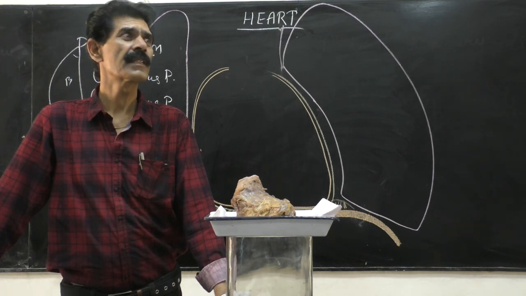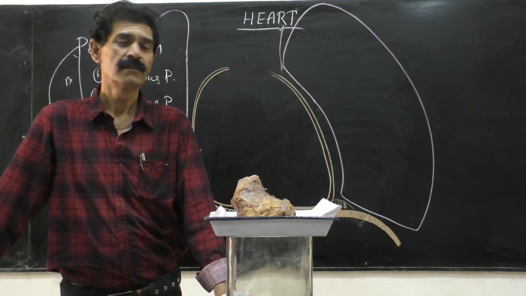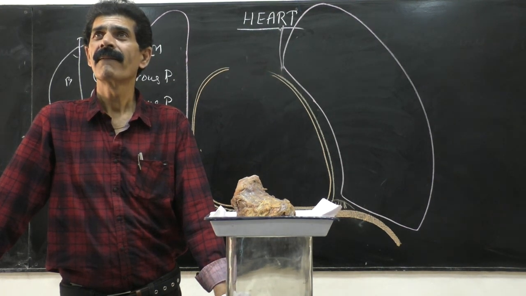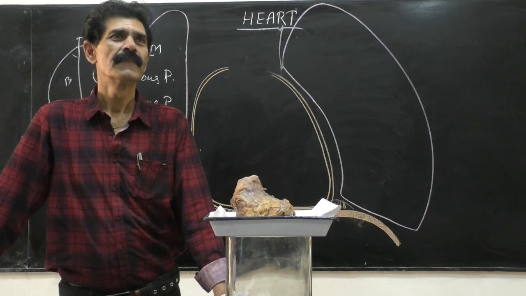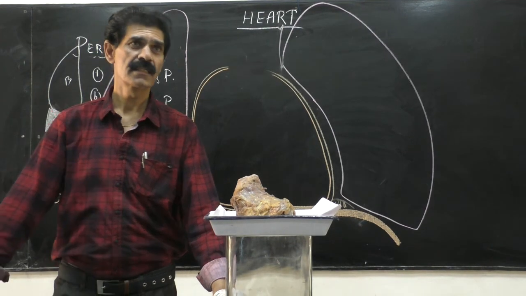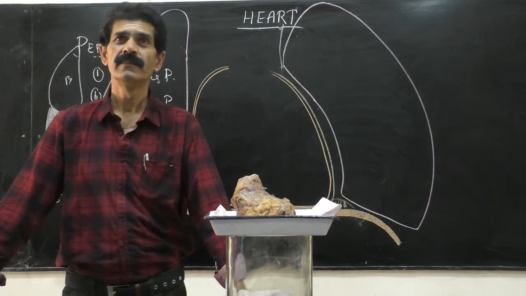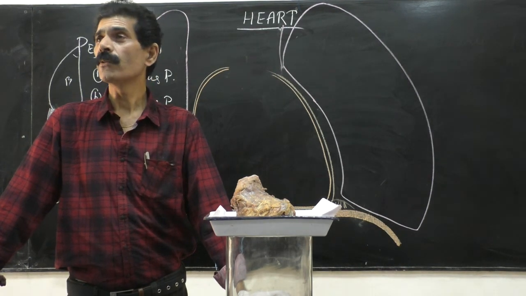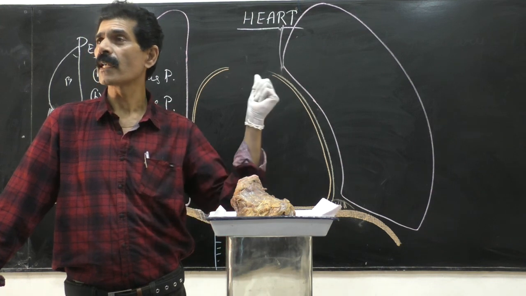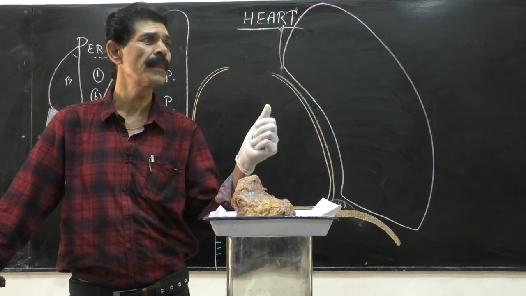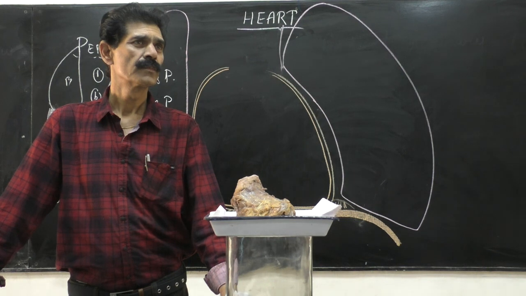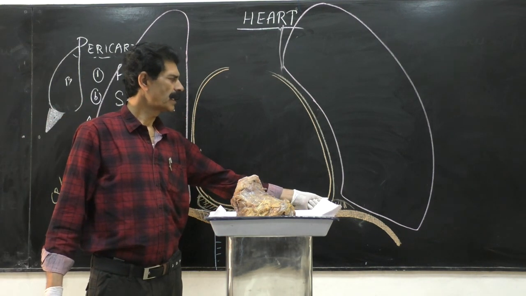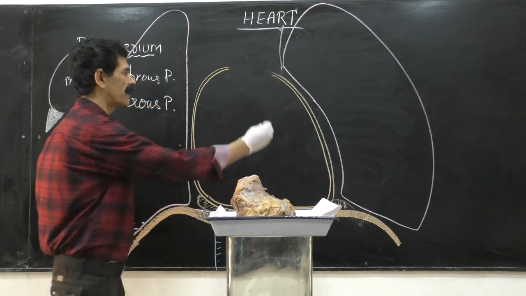Nowadays the flowers are in full bloom. Anybody whose botany is good? Petunia, yes. Family Solanaceae. So like petunia, where the ovary is obliquely placed, the heart is also obliquely placed, because the apex doesn't lie in the midline.